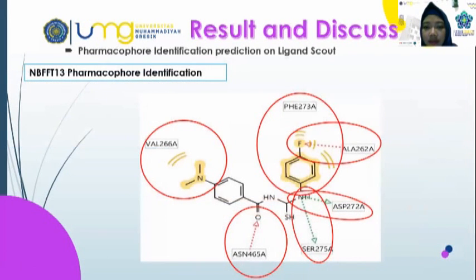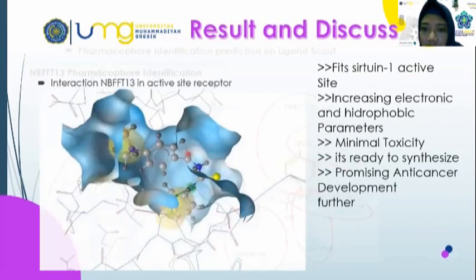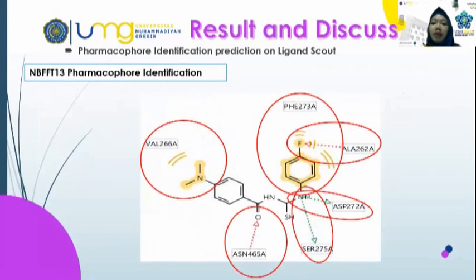After that, we use pharmacophore identification prediction with the LigandScout program. Okay, we can see that NBFFT 13 has nitrogen and a 2-methyl group on this site that will have hydrophobic interaction with the amino acid valine 266A, and the second interaction is hydrophobic on this site with the amino acid phenylalanine 273A.